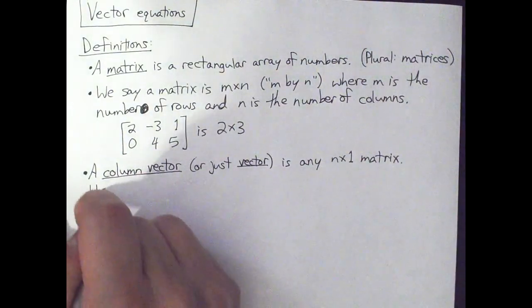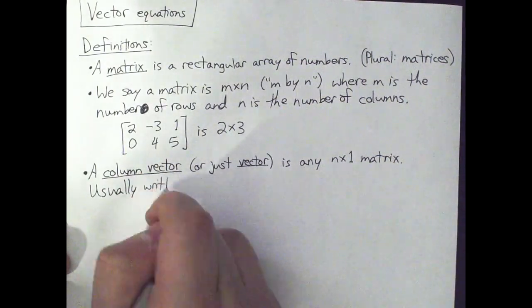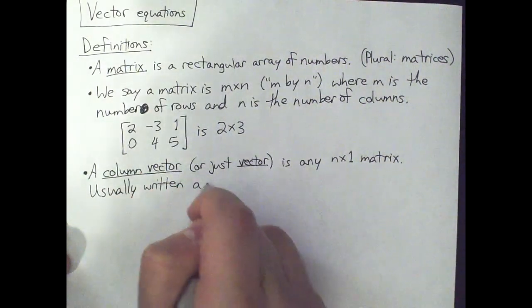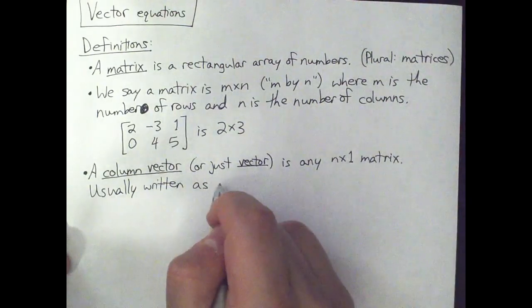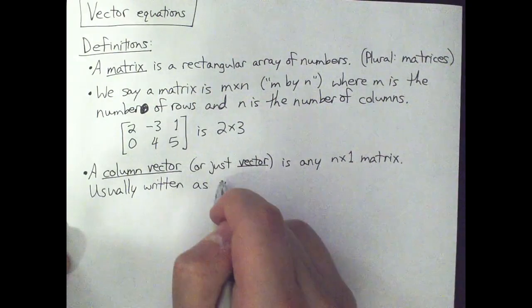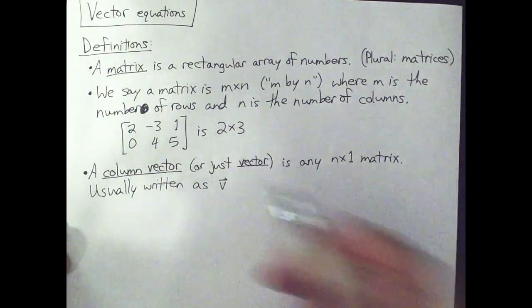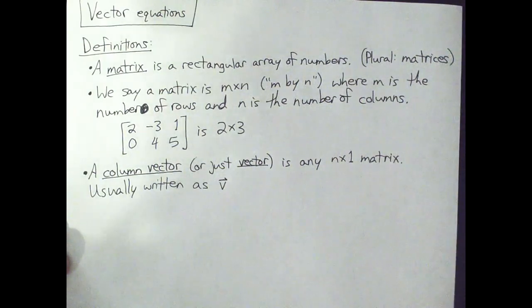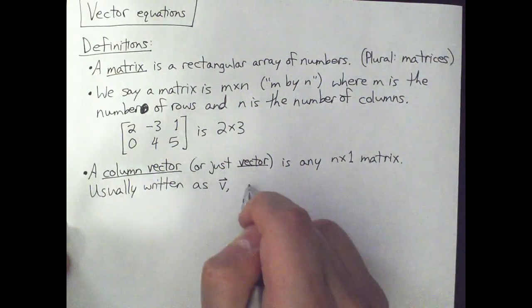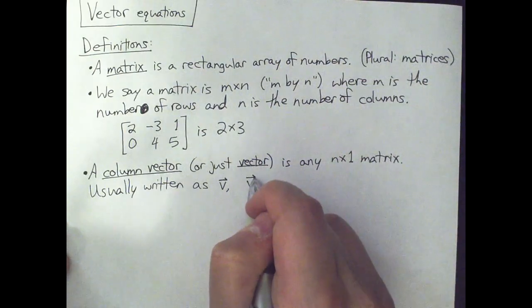And these are usually written as a lowercase v with a little symbol above it to mean that lowercase v is a vector. Or sometimes it can be a lowercase v with an arrow over it.